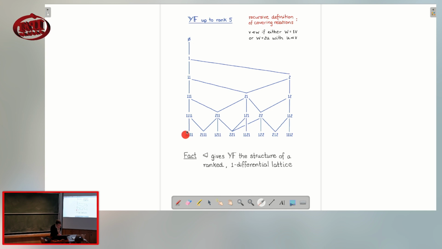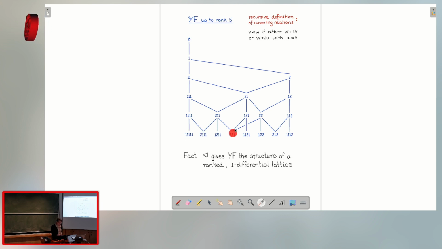At level 5, we have 8 Fibonacci words, as we should. And you'll notice, maybe it's not obvious, that up to level 4 this poset structure is the same as the Young lattice. So for the first 4 levels, these lattices agree.